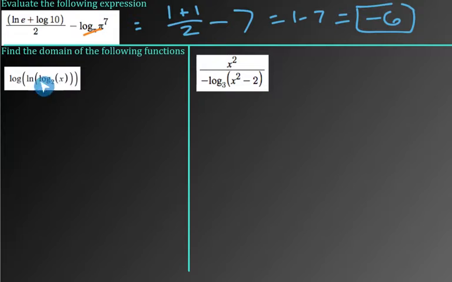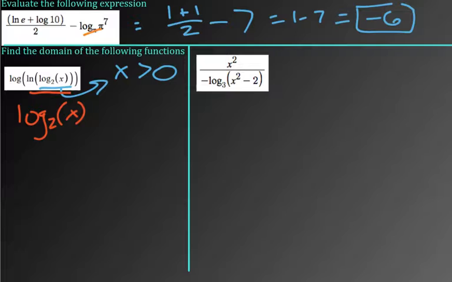Let's just start with this one. That inner one is really simple, x greater than 0. That's all we got for that one. We're done. This next log, this natural log, we want log base 2 of x, which is the inside thing there, to be greater than 0. So if we did 2 to both sides, we would cancel there, and we get x is bigger than 1.